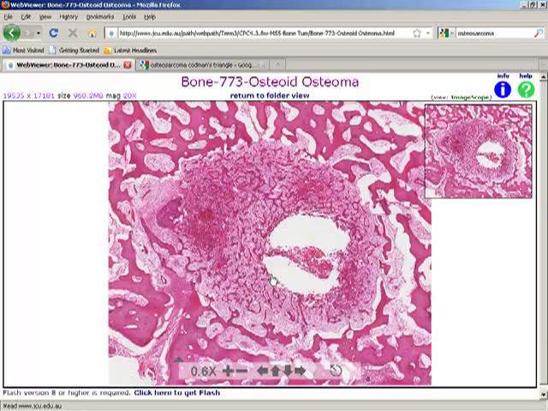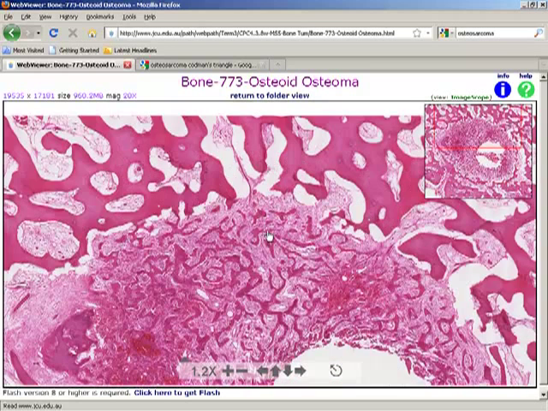Now this is osteoid osteoma, usually has a central cavity and a reactive small trabecular bone.